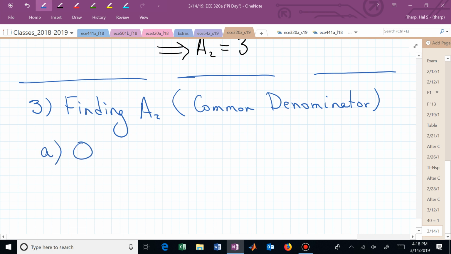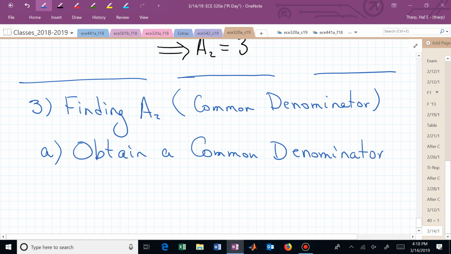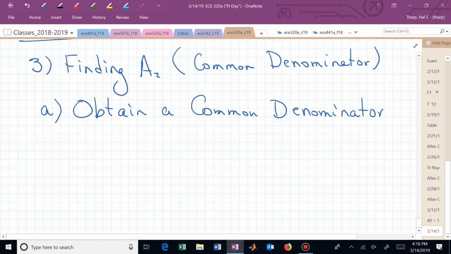First step is simply obtaining a common denominator on the right-hand side. We've done this partial fraction, and now we put it back together. We've separated it out. Now we put it back together.